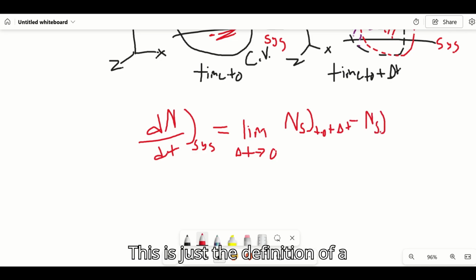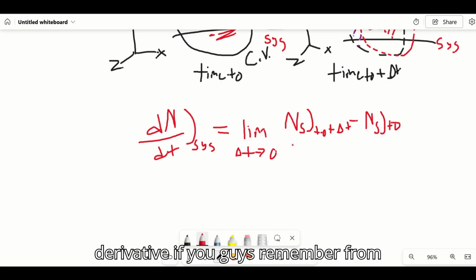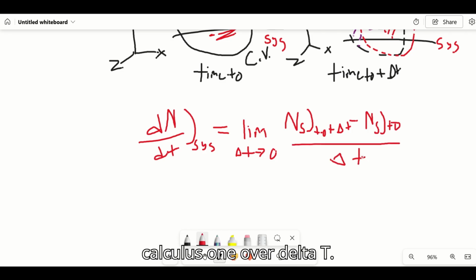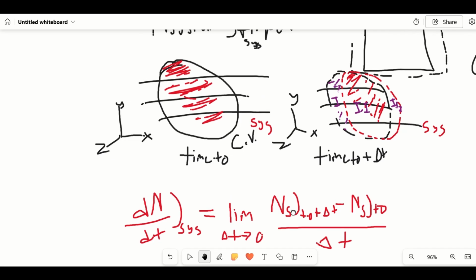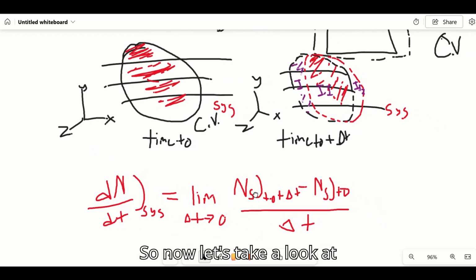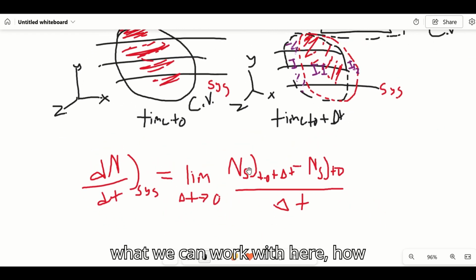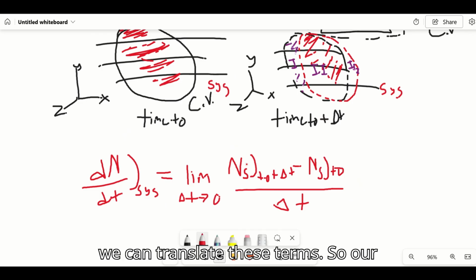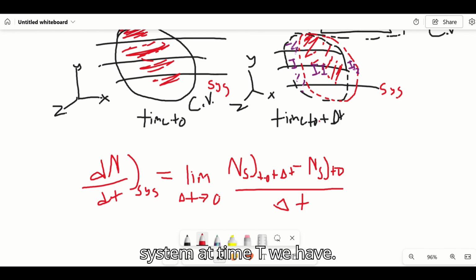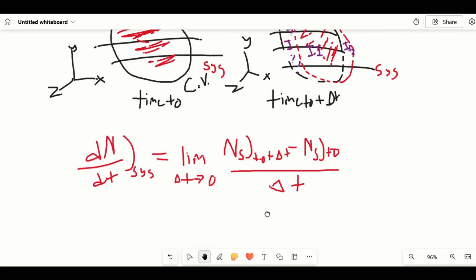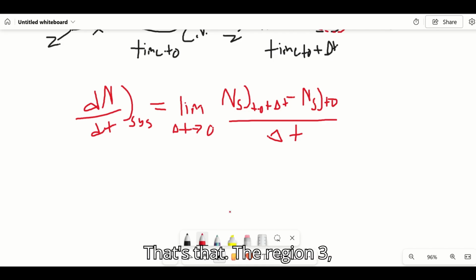This is just the definition of a derivative, if you remember from calculus 1. Now let's take a look at what we can work with here, how we can translate these terms. So our system at time t, we have this surface there, which is system 3. That's region 3 of the surface.